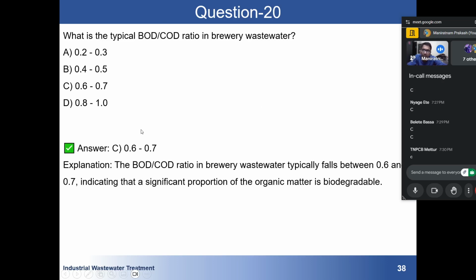Can anyone say in which case the BOD by COD ratio will be equal to 1? I also don't recall. I also don't know the answer. But this is a very interesting question: in which case will BOD be equal to COD? Generally, COD is always greater than BOD.